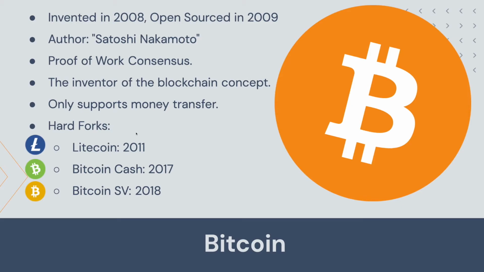Now, remember the thing that I told you about, that upgrades cannot be imposed and have to be voted on? Well, Bitcoin has already suffered several hard forks in its lifetime. So these are different networks with different protocols and different coins that have different values from Bitcoin, but they all started as Bitcoin, and they all have part of the registry and part of the ledger of Bitcoin, and then they shifted to their different implementations.